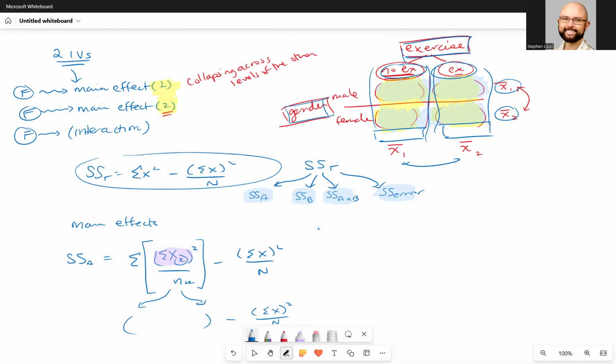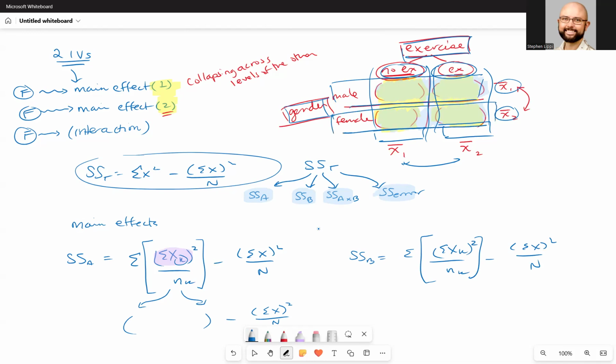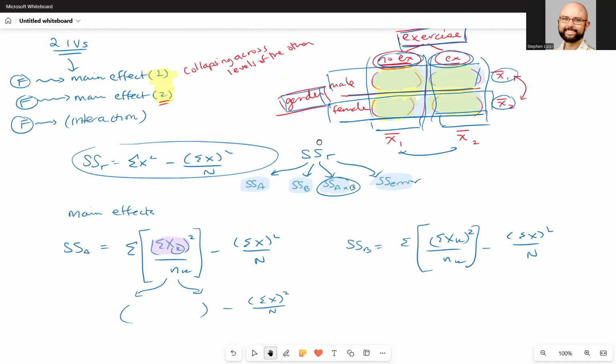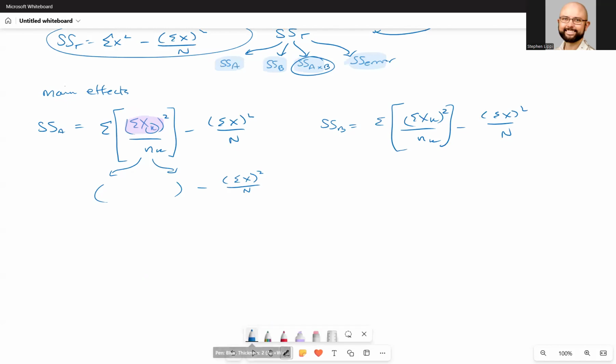Now we can do that for the second factor. Sums of squares for B is equal to sigma x sub k squared over n sub k minus sigma x squared over n. And so this will just be regarding the second factor. So the sum of all the males, sum of all the females, right? Now the interaction is similar to this in terms of its calculation.